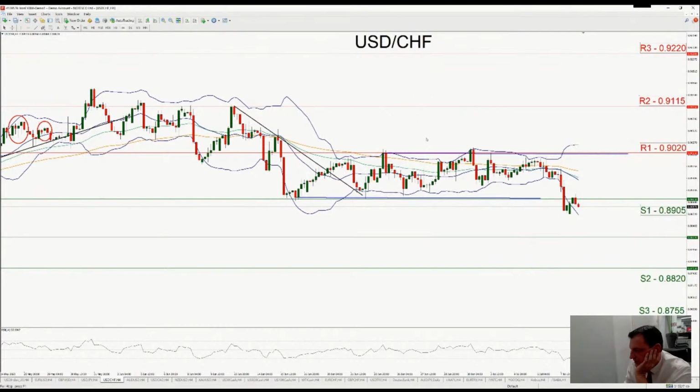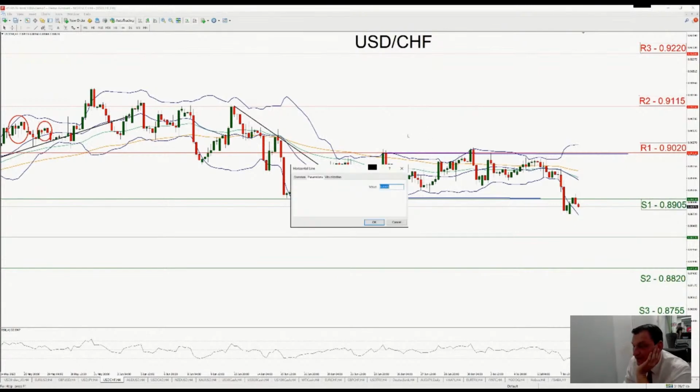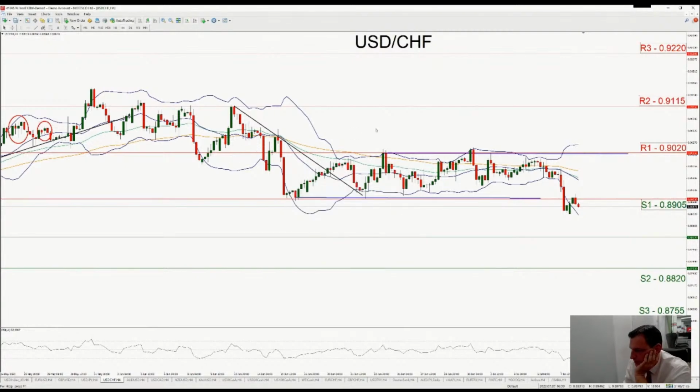It's interesting that the S1 has now been turned into a resistance line, given that it has actually provided the resistance, and that was during today's late Asian session. And we have to go hunting for a new ultimate support line.